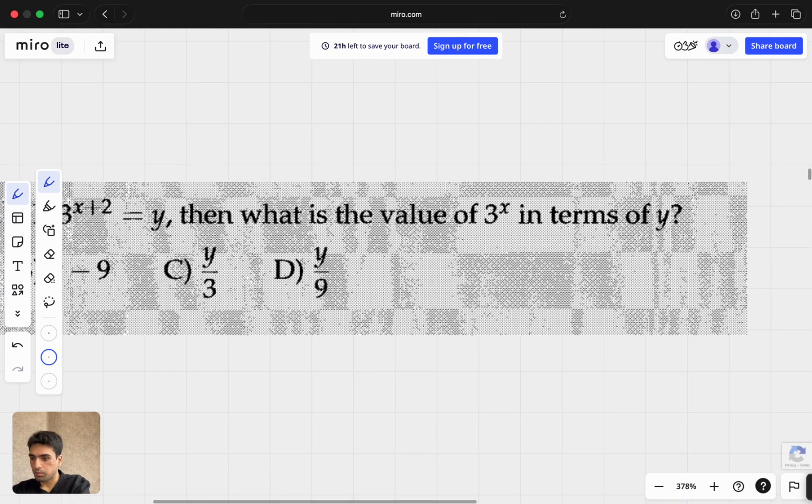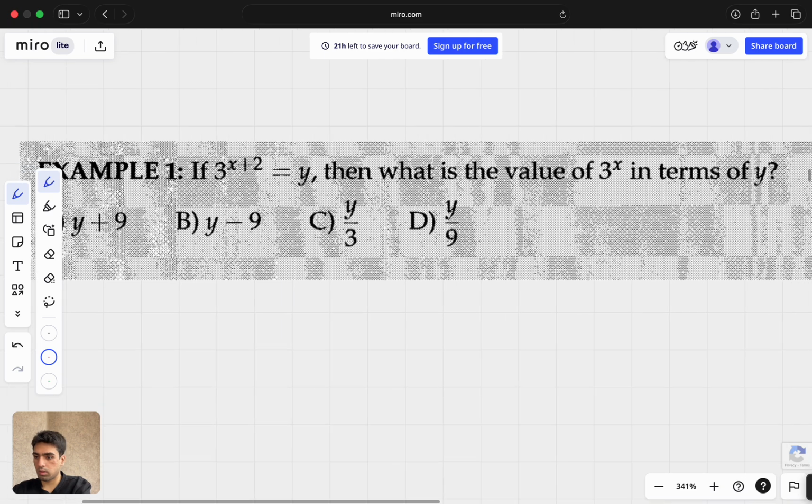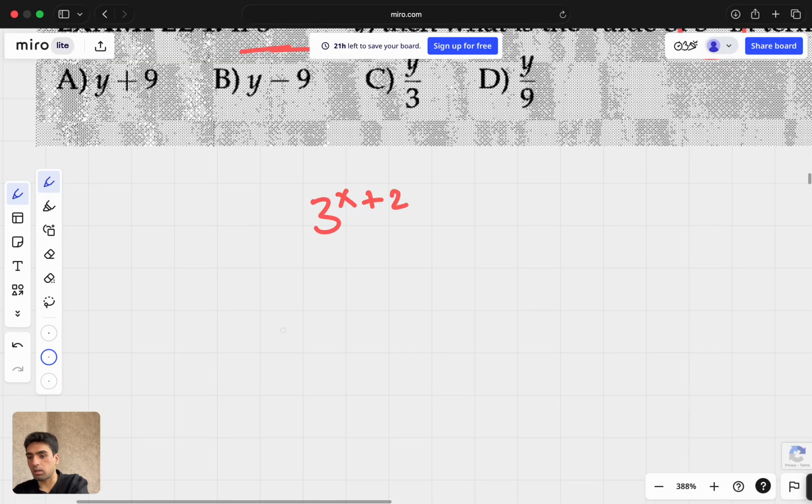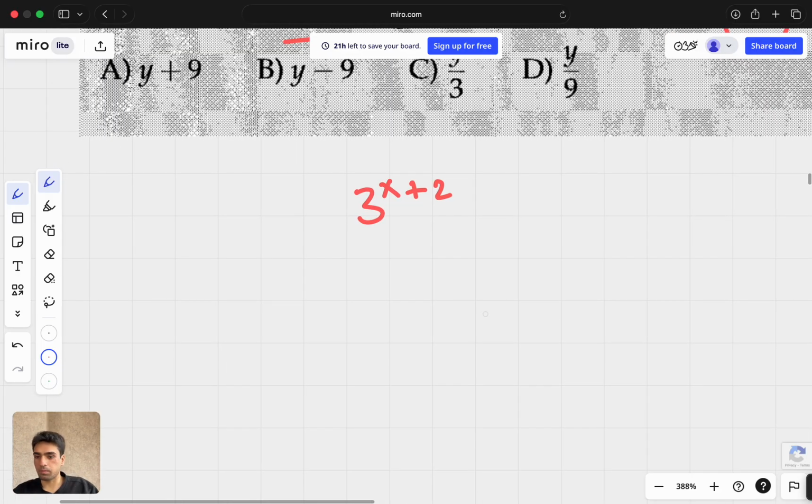Next. Here's a question. We have this expression equals to y. They want 3 to the power of x in terms of y. So we need to find 3 to the power of x, right? 3 to the power of x equals what? Now, 3 to the power of x plus 2 can be written using the rule that we had for multiplication. So for example, a to the power of 3 times a to the power of 2 gives us a^(3 plus 2).